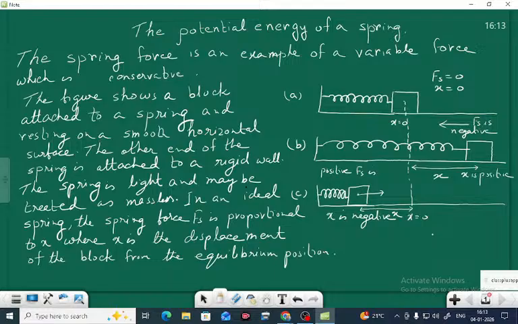The displacement could be either positive or negative. In case B, it is positive. In case C, it is negative.